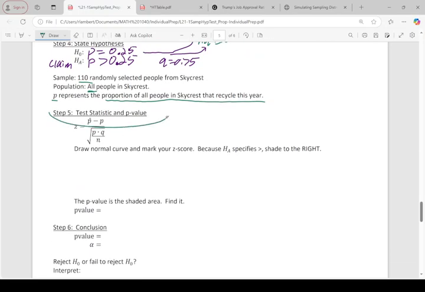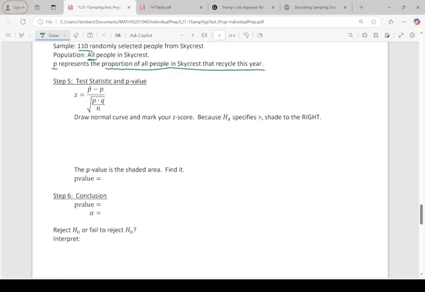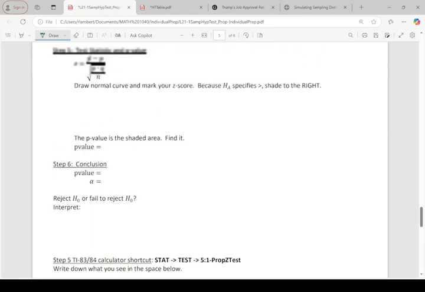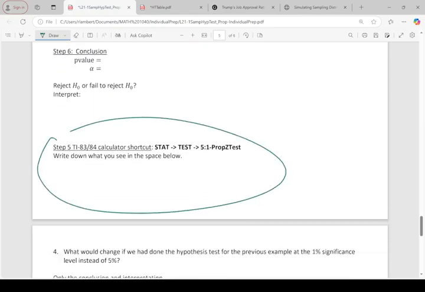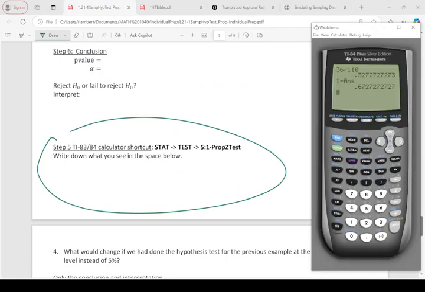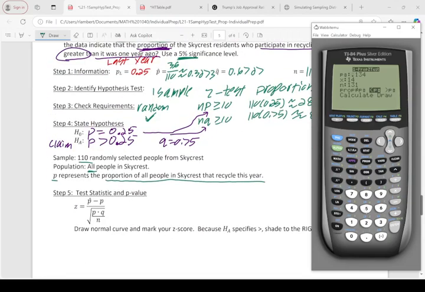We would do all this, which I'm going to skip in the interest of keeping this video shorter, and we'll do it this way instead. So we're going to hop over here and do stat tests, our one prop z test. This is our null hypothesis.